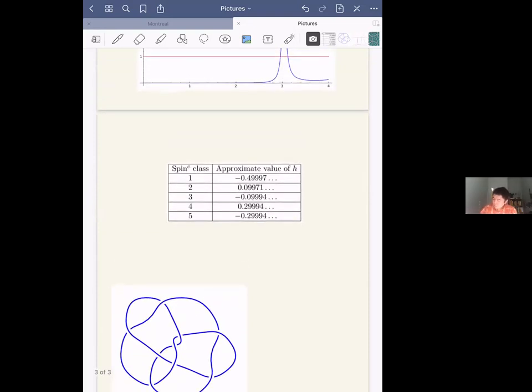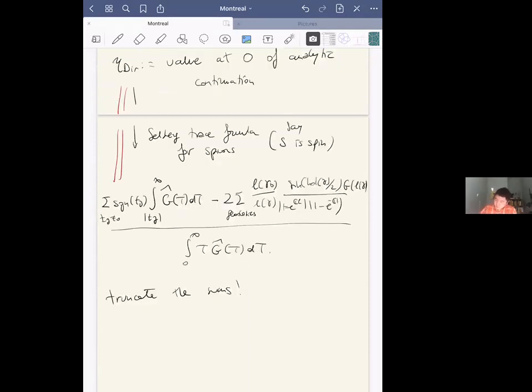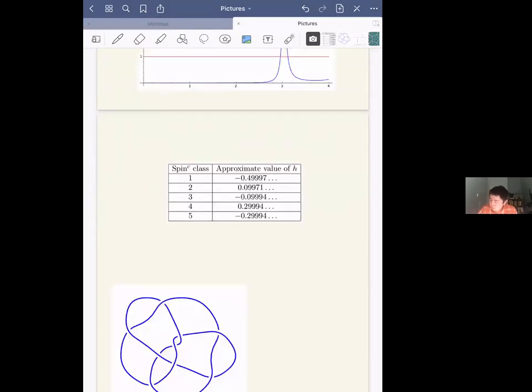But let's say we want to compute this super huge sum. Of course it's an infinite sum and it involves very complicated quantities, so we cannot compute all of it, but we can approximate it well. And if you approximate it well, you get these results.